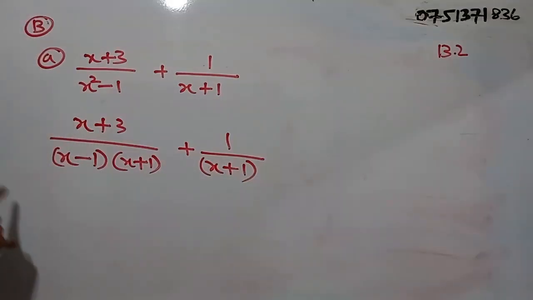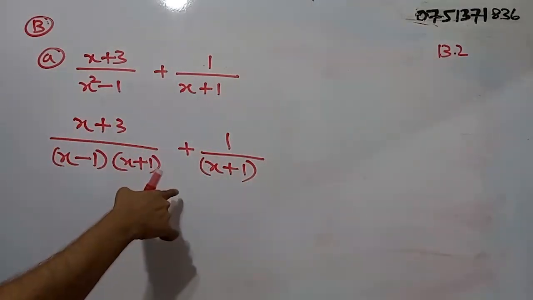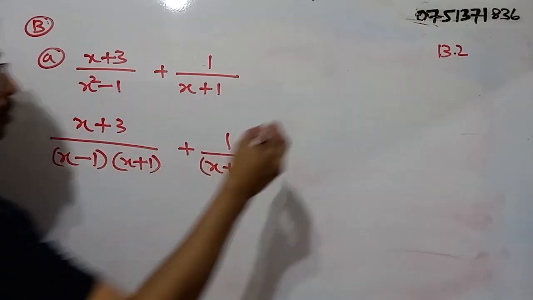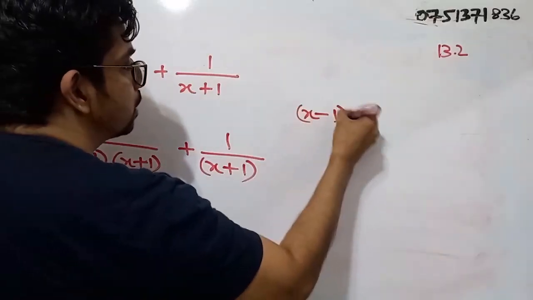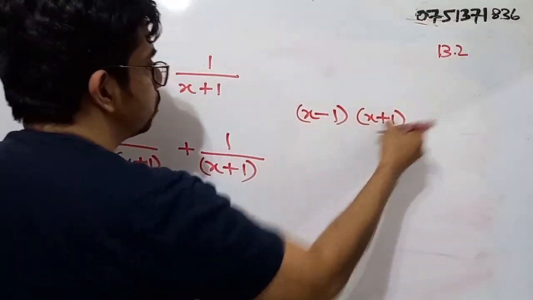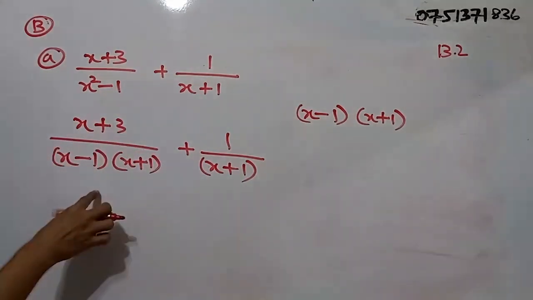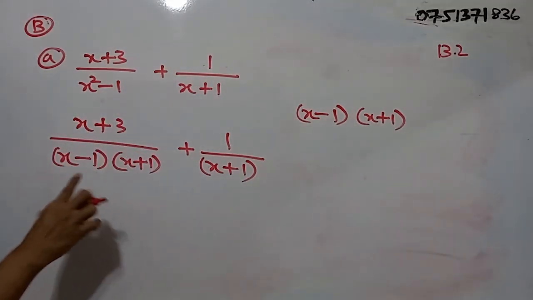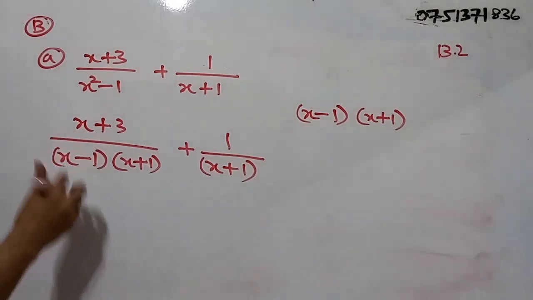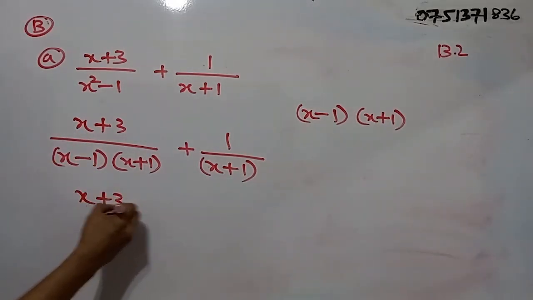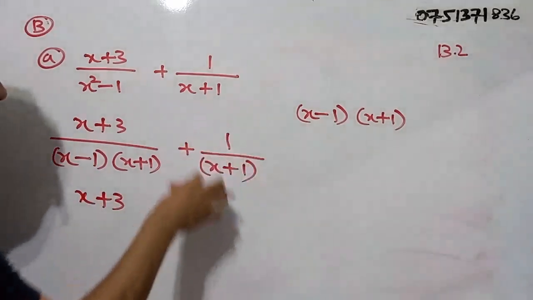Now thinking about this step, what should be the LCM? It should be (x - 1) and (x + 1). So if we take the first fraction, we don't have to make any changes. We can simply write it as it is, x + 3. What about this one?